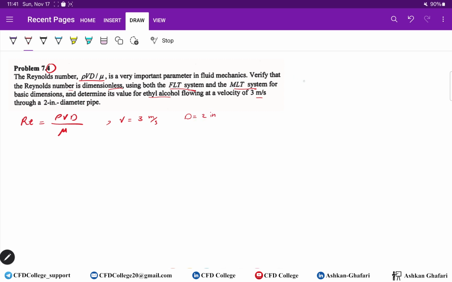You might see the Reynolds number with this formula, rho VL over mu. If you work on airfoils, you may see rho VC over mu, where C is the chord length of the airfoil.